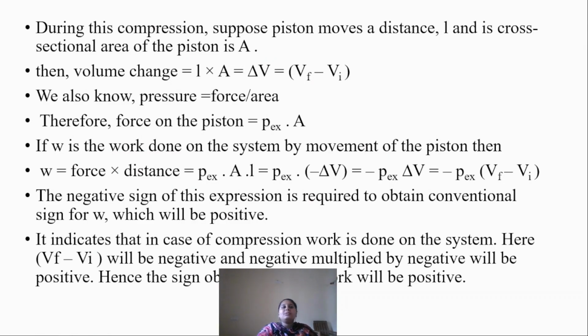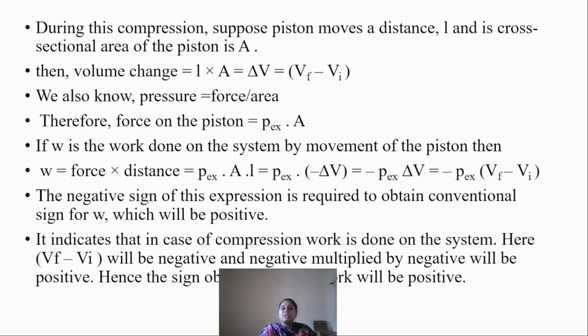So what happens during this compression? The piston moves a distance L and the cross-sectional area of the piston is A. So the volume change L into A is equal to delta V, which is Vf minus Vi.